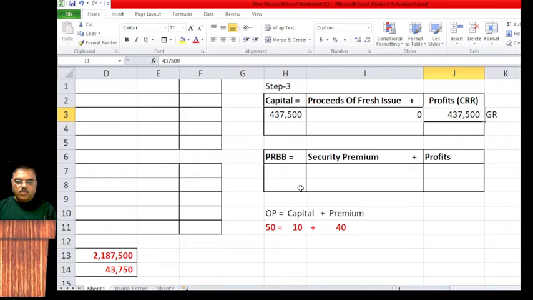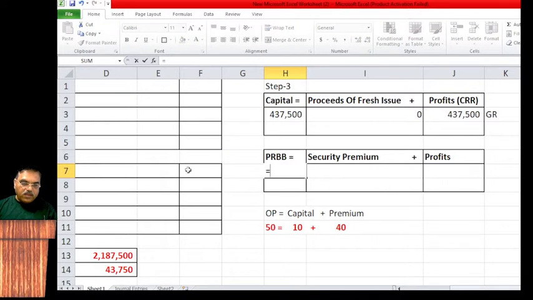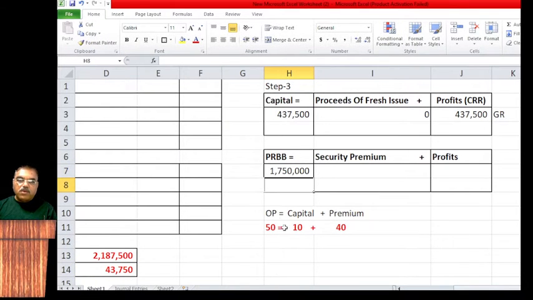That is okay. Now we want to pay a premium. How much premium are we going to give? 40 rupees per share. How many shares are we going to buy? 43,750, multiplied by 40 rupees. So the premium that we are going to pay is more than the capital, because 40 rupees is the premium and 10 rupees is the capital.